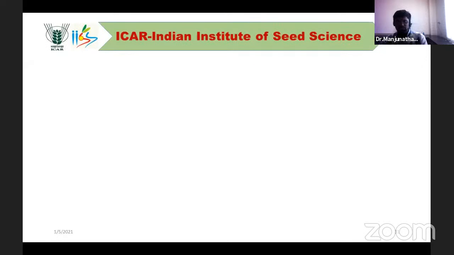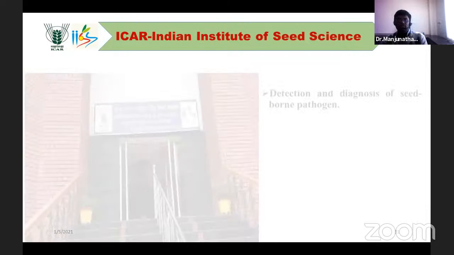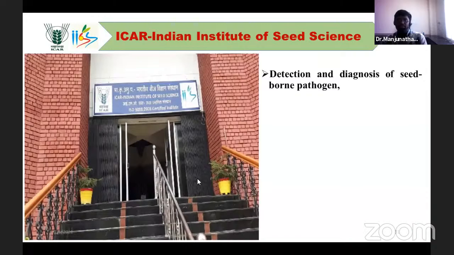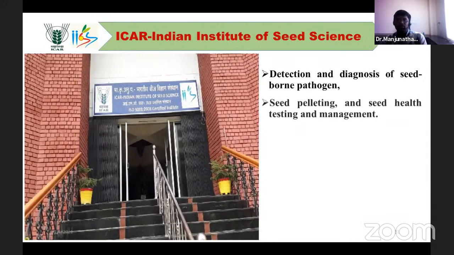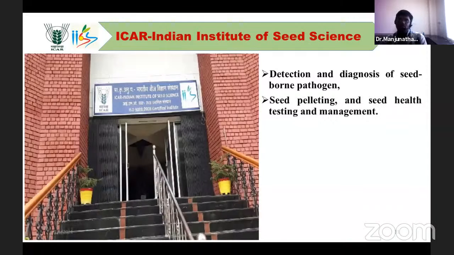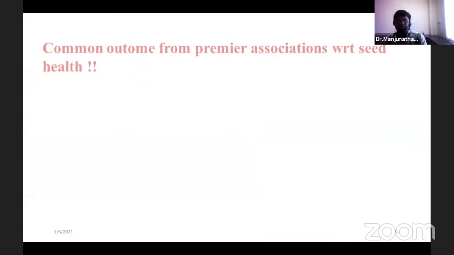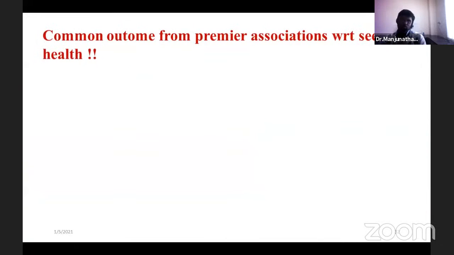Another one is the Indian Council of Agricultural Research's Indian Institute of Seed Science. This organization also works on detection and diagnosis of seed-borne pathogens, and on seed health management and testing. What is the common outcome from these organizations with respect to seed health?